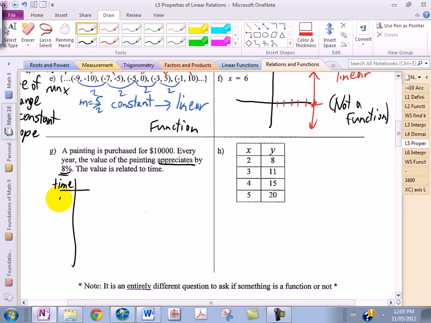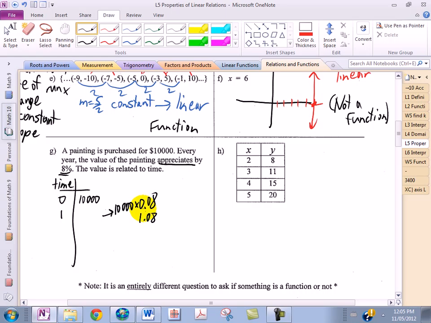At time 0, what's the value of the painting? At 1 year, what's the value of the painting? So what we're going to do here is take 10,000 and times it by 0.08, but really it's going to be 1.08 because you've got to add it up, right?